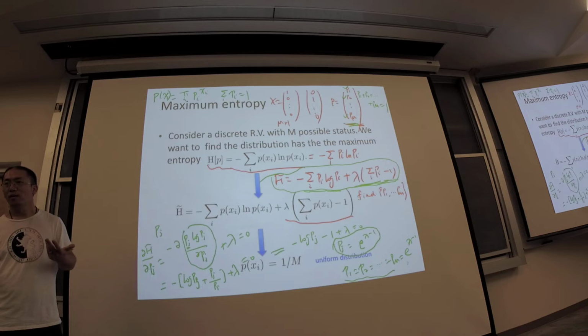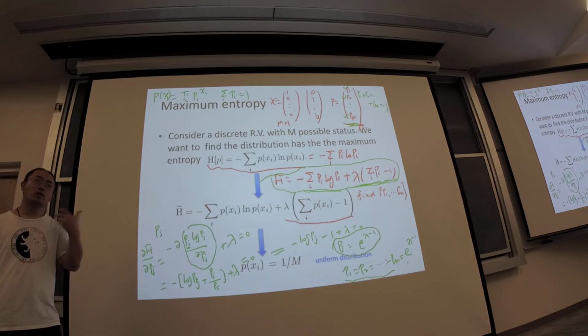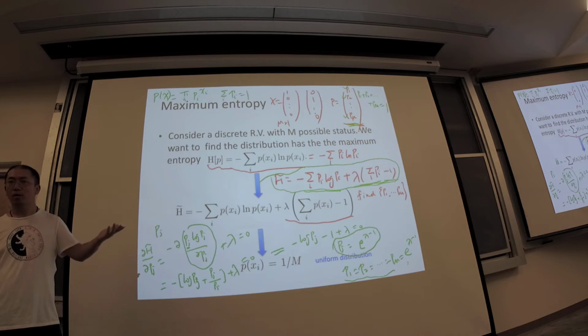It means if your random variable is distributed uniformly, then it has the largest uncertainty. In other words, it contains the largest information. It's intuitive, right? Because when your random variable is equally likely to be any possible sample, you are most uncertain about this random variable.